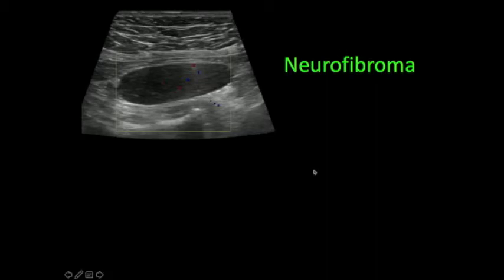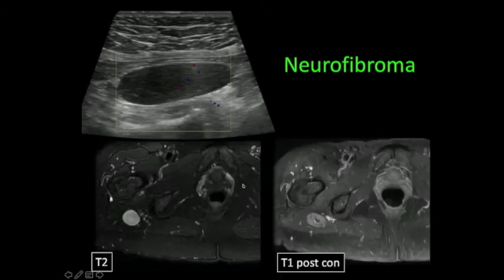This was a patient with a history of neurofibromatosis, and you can see that there's this oblong, very well-marginated mass with very little color Doppler flow present. If you correlate this with the MRI, it was T2 bright with enhancement. And given the history and the multiplicity of masses that this patient had in other locations, this was confirmed by imaging alone to be a neurofibroma.